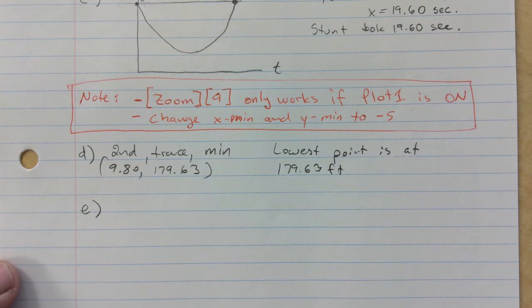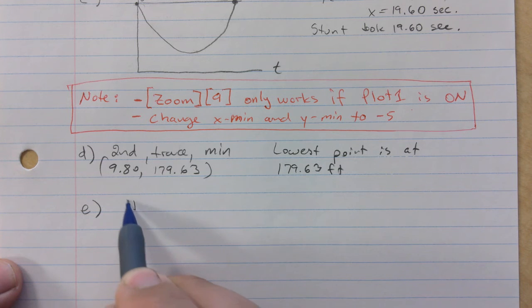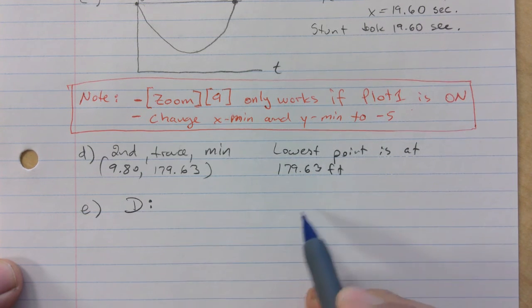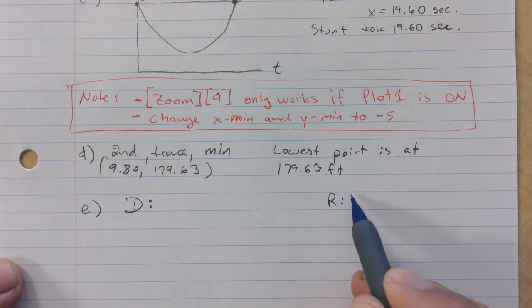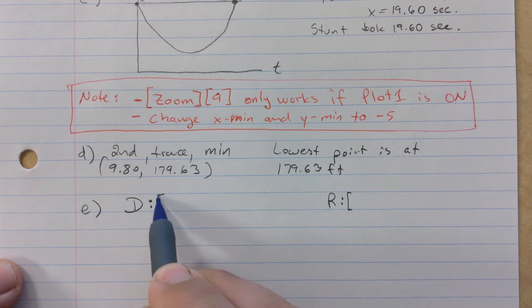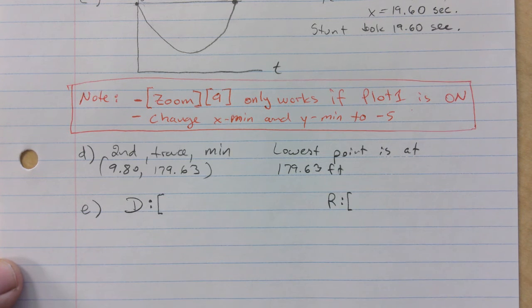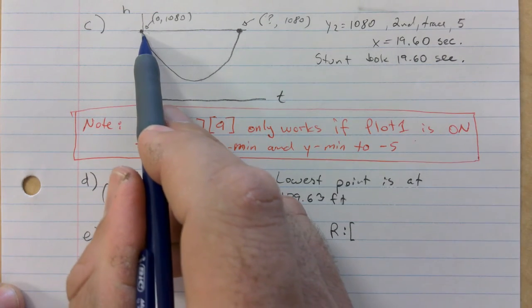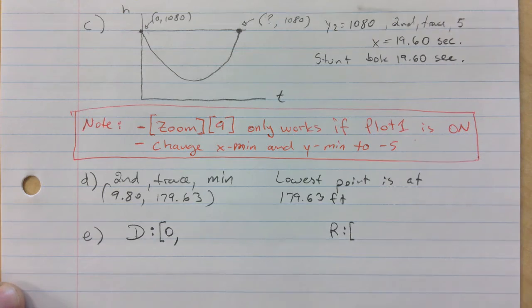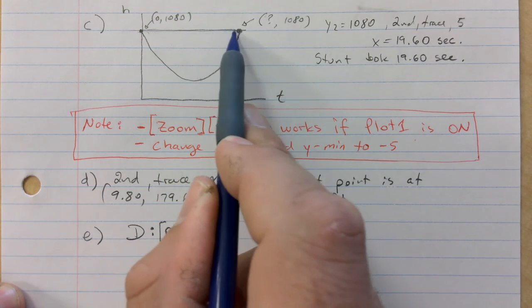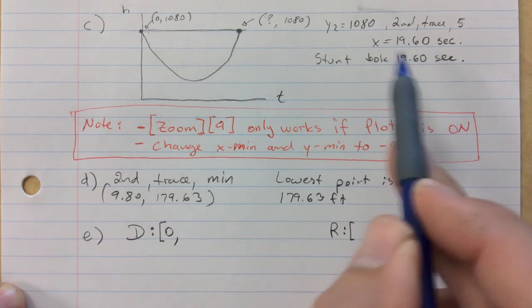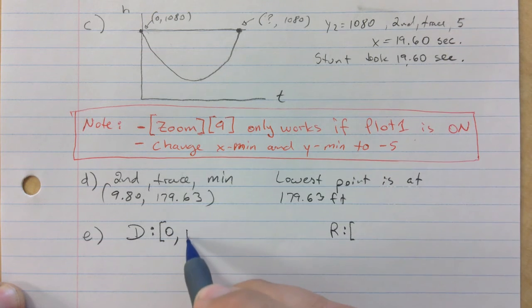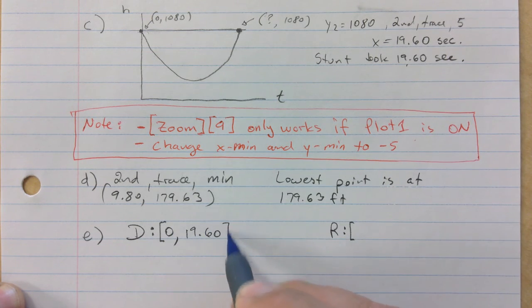E is asking to determine the domain and range of the situation. My domain is time. So time goes from 0 based on the context till the time that you go back to the original, which is 19.60. Done.